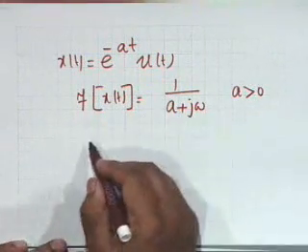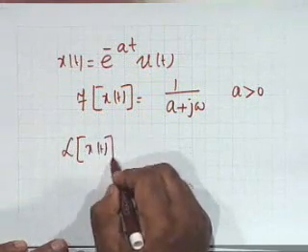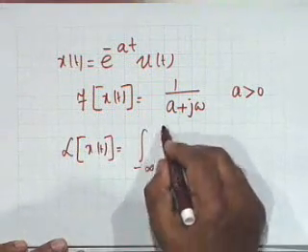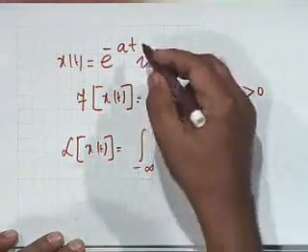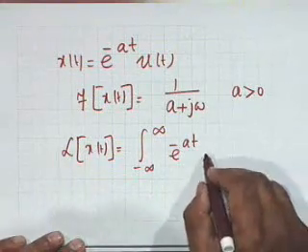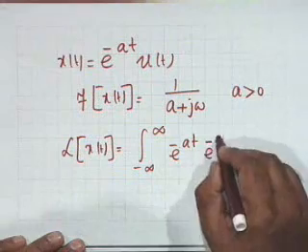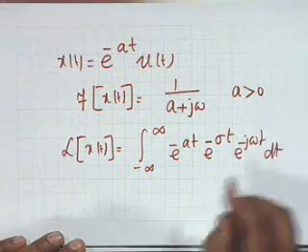All right. Now, let us try the Laplace transform. The Laplace transform of x of t is the integral from minus infinity to infinity of e to the minus at u of t times e to the minus st, which is e to the minus sigma t, e to the minus j omega t, dt.